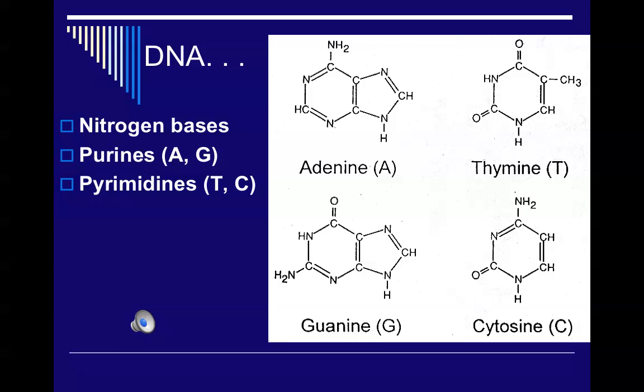We're going to see that ideally we have two hydrogen bonds for the AT base pairs and three hydrogen bonds between the GC base pairs. That's how we describe them.